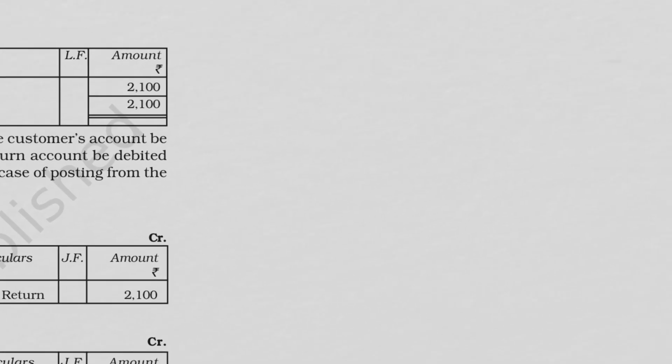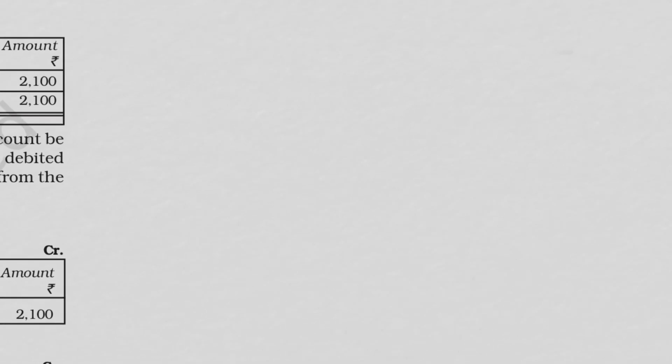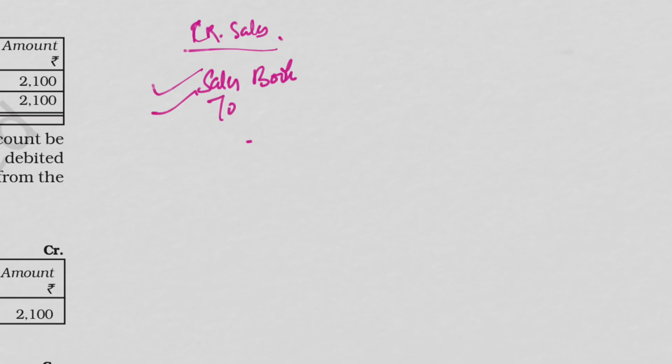Now let us summarize. When credit sale happens, we have to record in sales book. Step 2, at the end of the period, the total is credited to sales account.